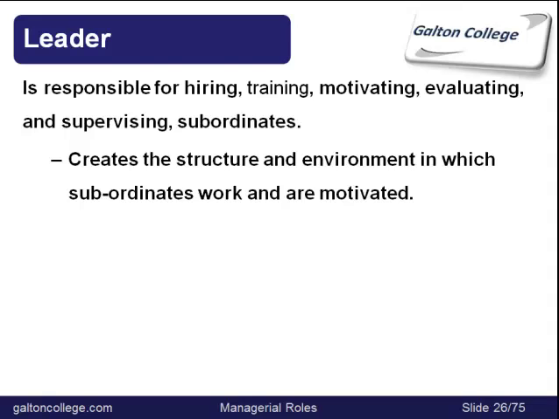So the leader is somebody who sets up the whole structure and engineers the structure in a way that the workforce are motivated to deliver efficiently the output that is required. And the leader observes and monitors activities.